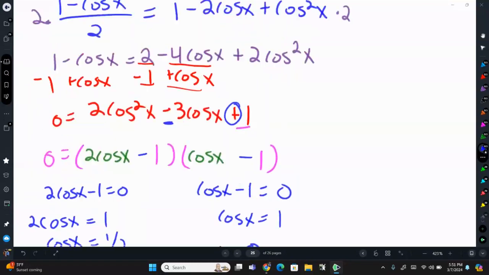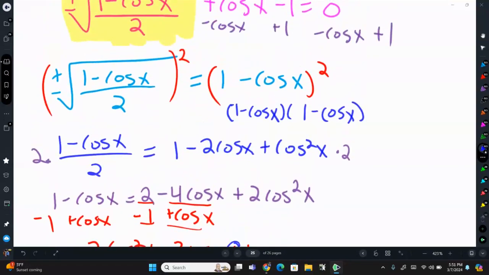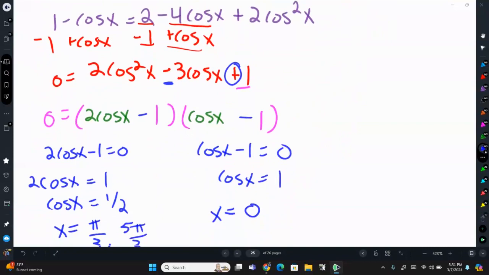Now, because we squared both sides, we might have extraneous solutions. Anytime we square both sides of an equation, we've now added additional solutions that we need to make sure aren't going to come back and give us some issues.